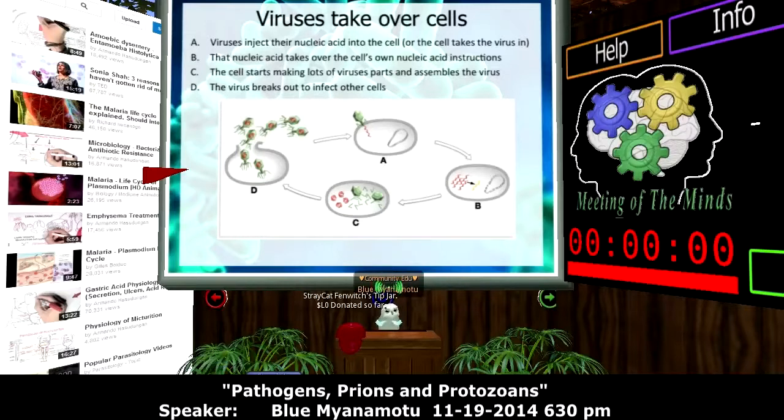So for instance, do you see in part C where the cell is actually making viruses? Cells are built with almost like this automatic system for when it gets infected, and even when it doesn't, it frequently displays pieces of its protein on its cell surface. If I use my pointer here, you can see the surface of the cell, this outer part, which is the cell membrane.